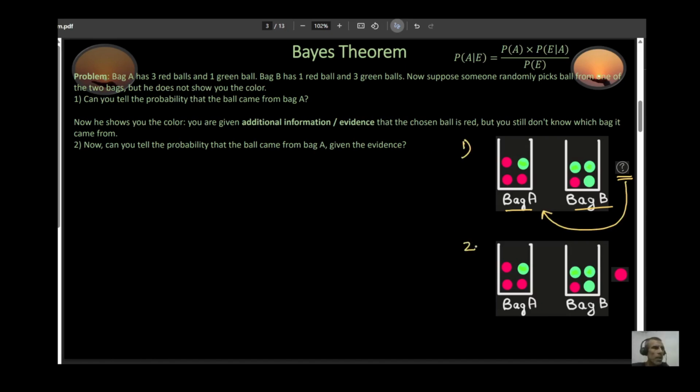Question two. Now suppose he tells you that this is a red ball. This is the additional information provided to you or another evidence given to you. But you still do not know which bag this red ball came from. Now, can you tell the probability that this ball came from bag A, given the new evidence?